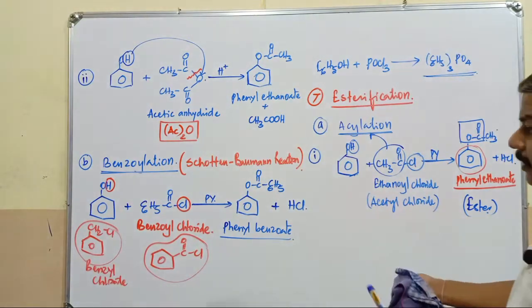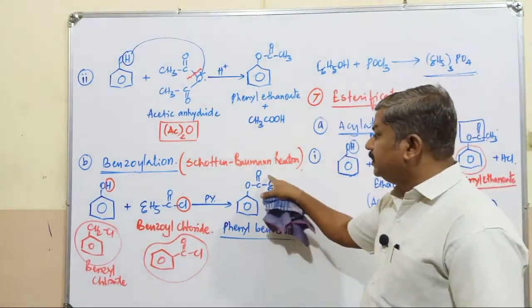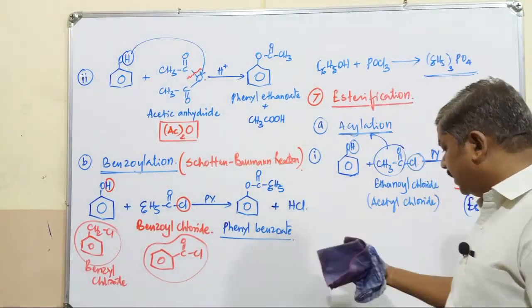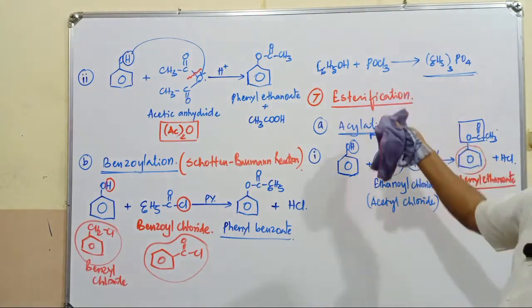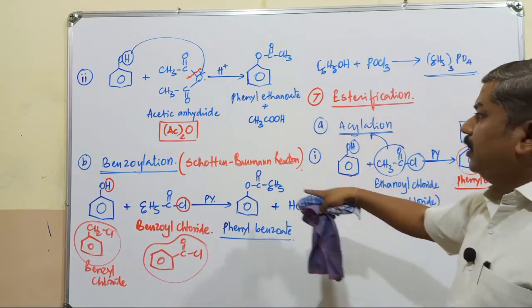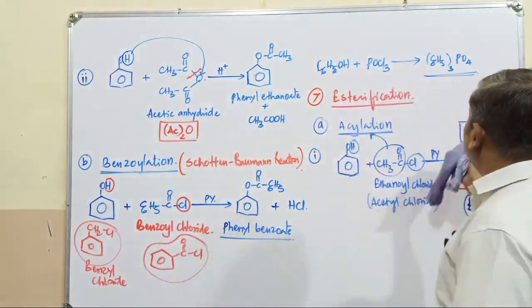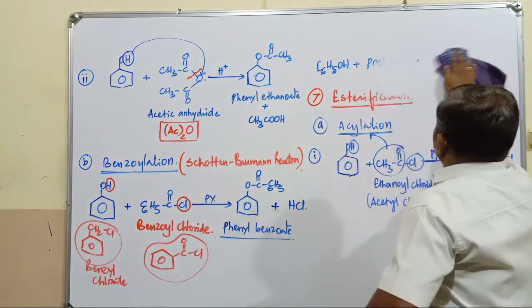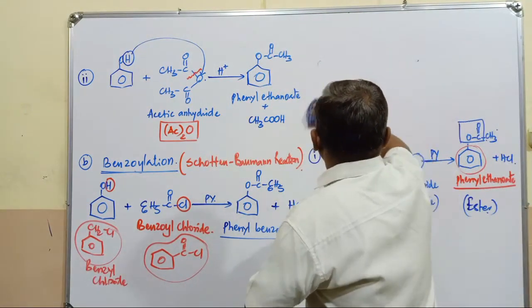So this is also a part of what reaction? Esterification, students, because here also an ester functional group is there. Wherever the formation of an ester takes place, all those reactions come under what? Esterification. Either by treating with acetyl chloride, or acetic anhydride, or by treating with what? Benzoyl chloride. So one more thing about this acylation reaction.